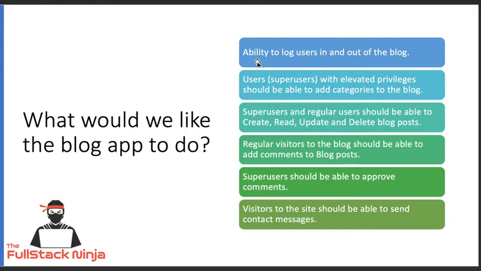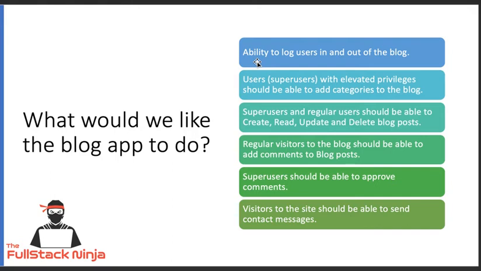That's called the CRUD operations. We want regular users of the blog to be able to add comments to the blog post. We want super users to be able to approve comments. So when people come to the web application and add a comment, we don't want the comment that is added to appear immediately on the web page.